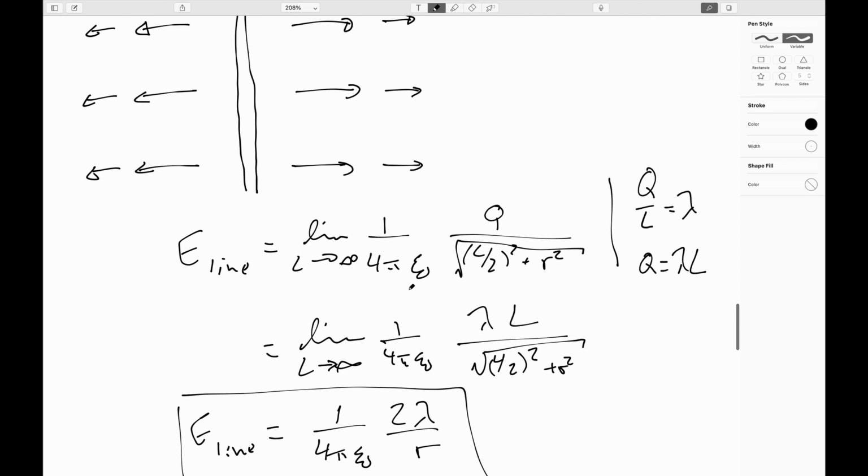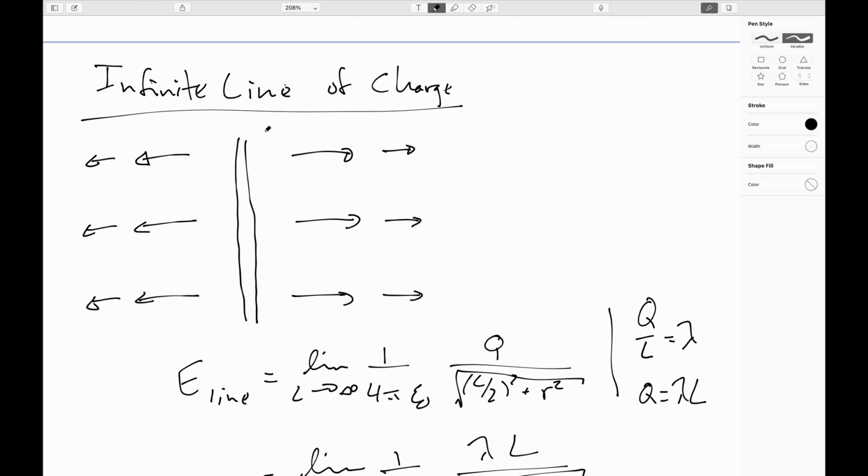And a way you can think about that a little bit is we saw that for a point charge, the electric field strength goes as 1 over 4 pi, 1 over r squared. And I'll point out that the surface area of a sphere in 3D is 4 pi r squared. Here, in a certain sense, if you could somehow get at the end of our infinitely long line and then look down at it, don't stress yourself too much over that thought, but just imagine you could, then effectively what you'd be looking at is a single dot sitting in a two-dimensional universe.